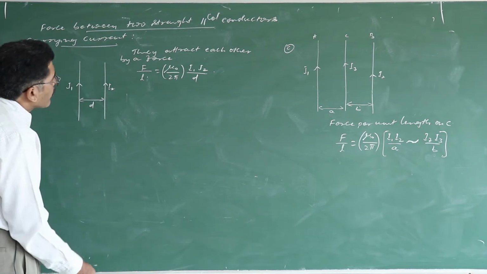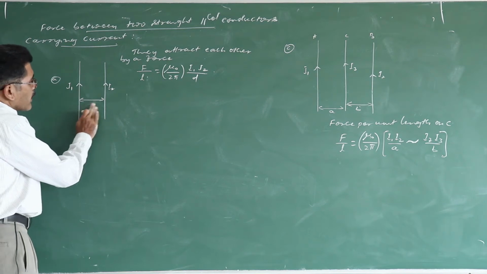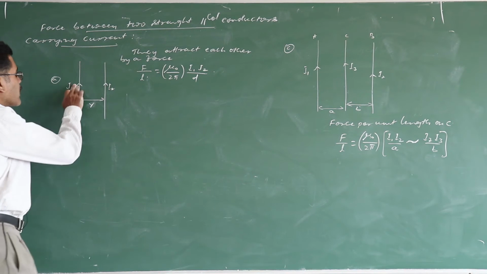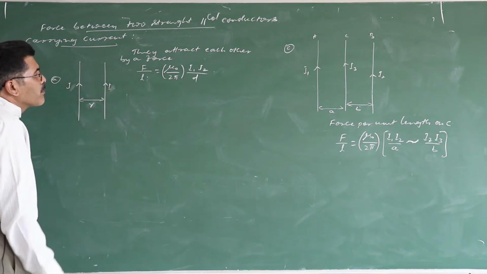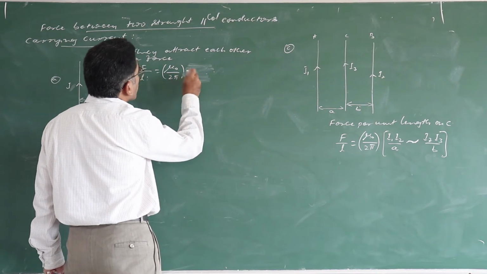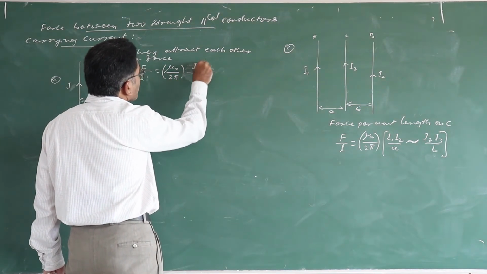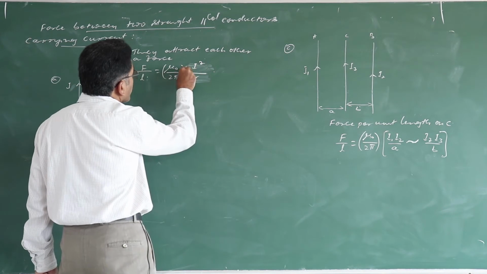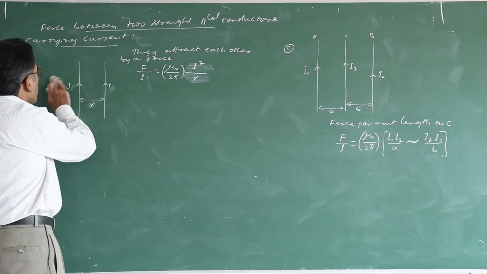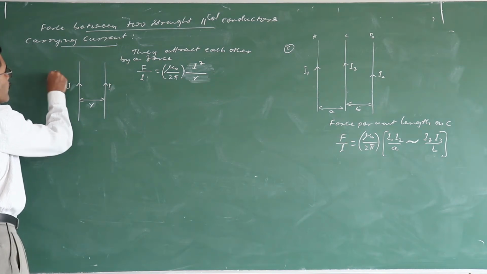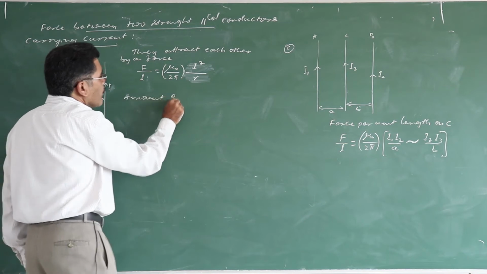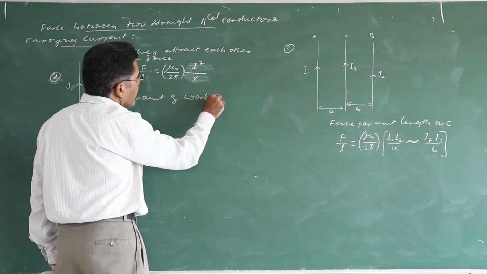Suppose we have two conductors carrying current along the same direction separated by a distance d. Let me take currents are same. Say in such a case, the force of attraction is mu naught by 2 pi I square by r. Okay, work done in reducing the distance, amount of work done.